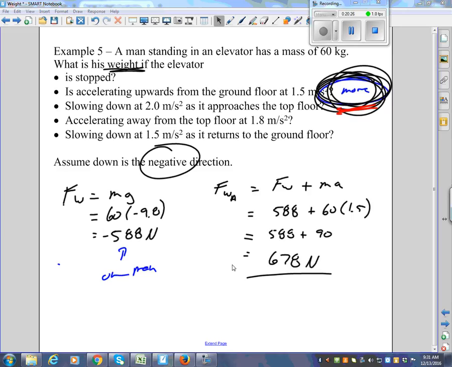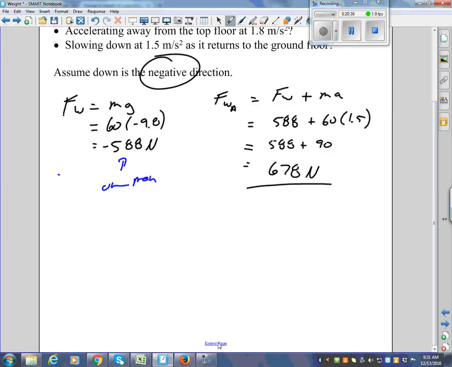Okay? So now, what about slowing down at 2 meters per second as it approaches the top floor? Make it less. Riley's caught on. Make it less. How am I going to write it so it makes it less? We're going to say FWA, apparent weight force, is his weight force plus mass times acceleration.